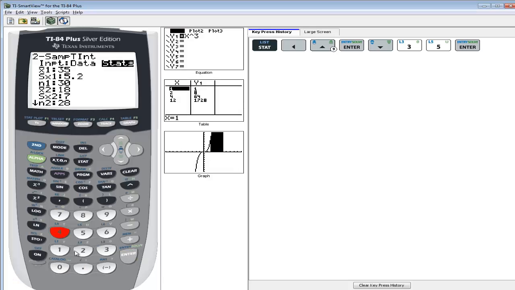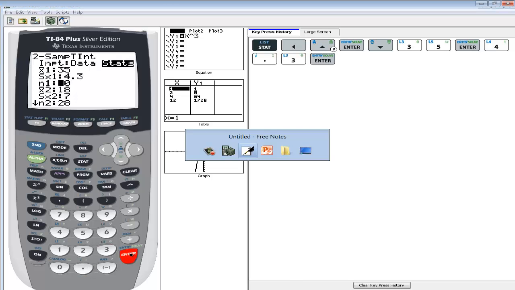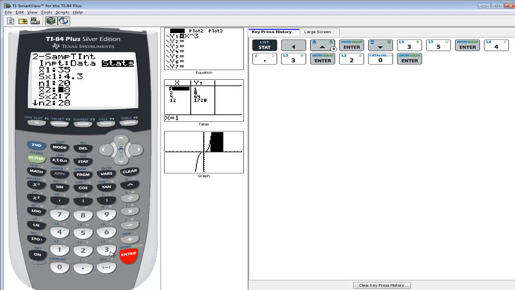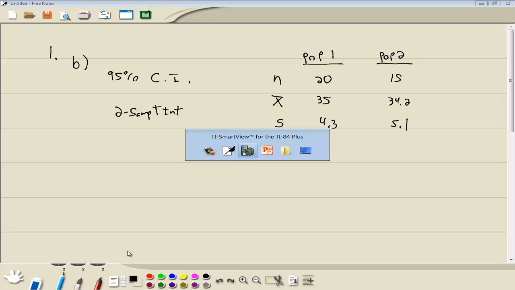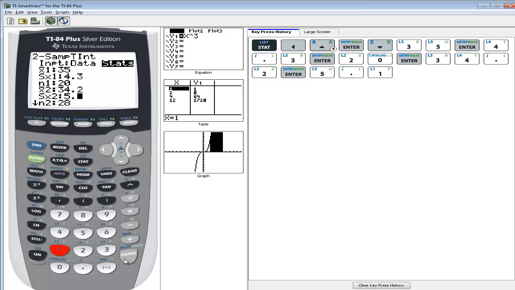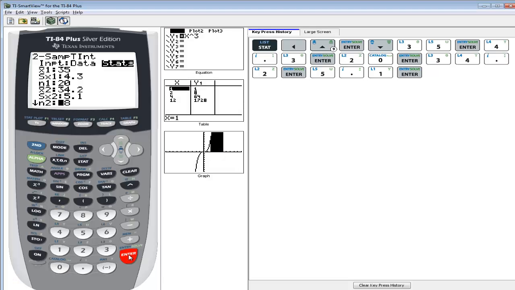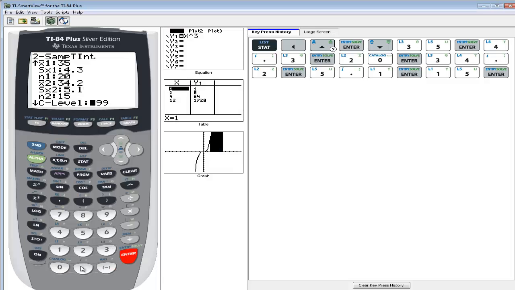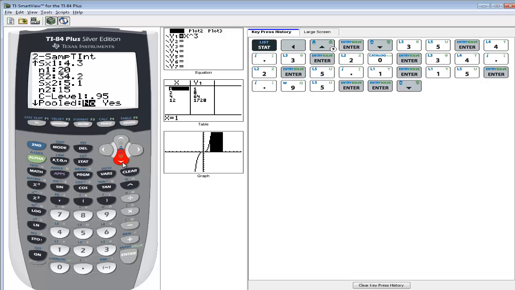S1 is 4.3. n1 is 20. x bar sub 2 is 34.2. S2 is 5.1. n2 is 15. For C-level, they want a 95% confidence interval, so we'll put in 0.95. Pooled is always No. And then choose Calculate.